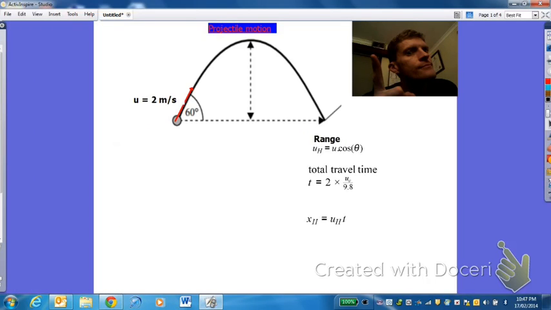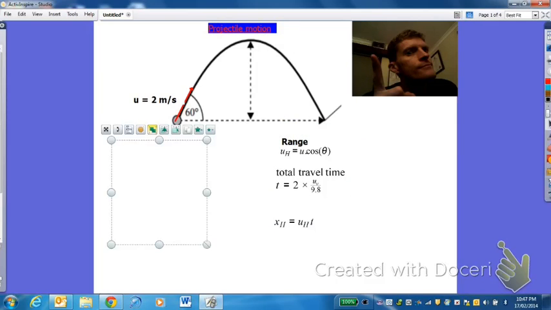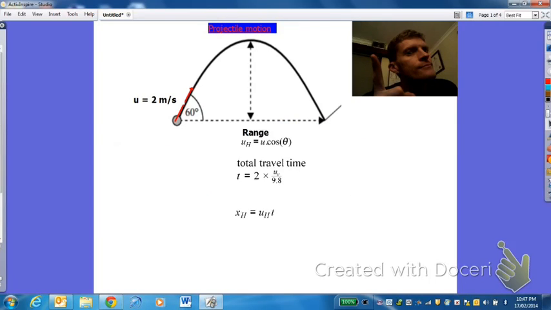This time, range. Now, range is vertical range. Sorry, not vertical range, this is horizontal range. This is the journey traveling from here all the way across.